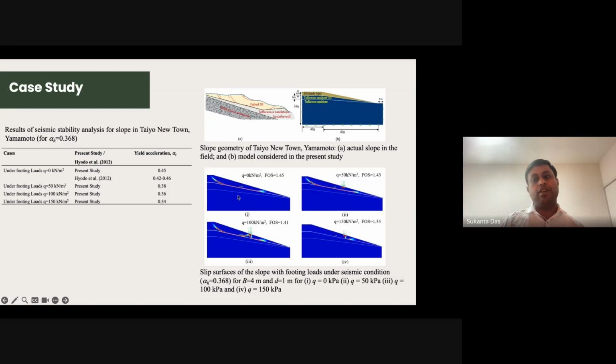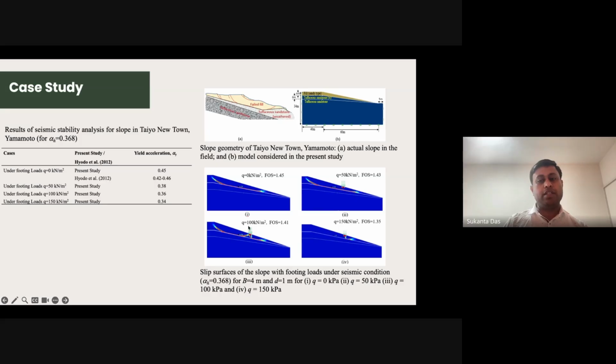As well as the failure mechanism, we have seen that if you have no building loads, then there is translational failure, which is a uniform slide of the whole mass. If you introduce the building loads with a small intensity, it is again going to be the same.